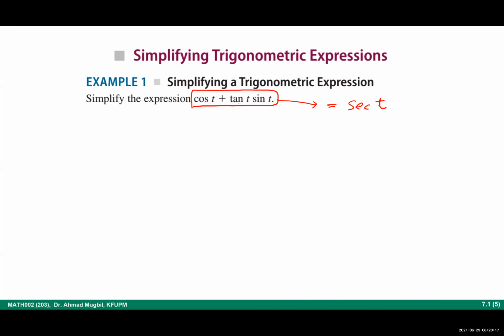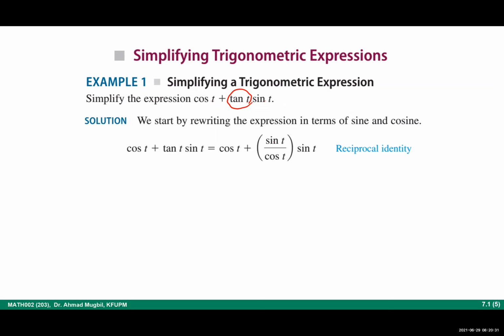So look at what we will do. We have cosine, tan, sine. If we are going to do something, we will do it with tangent. What is tan t? Sine over cosine. So we left cosine and sine as they are, and now tan t is sine over cosine.